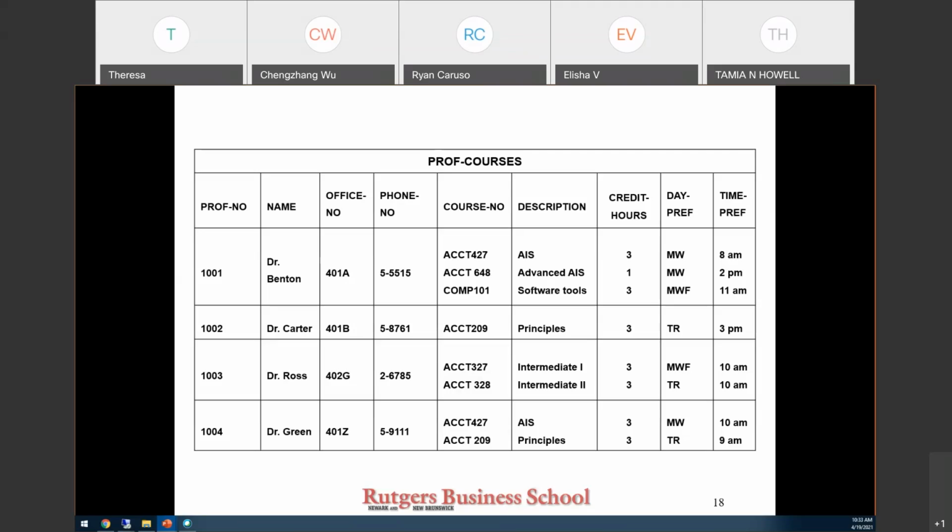Because first of all, this table is against the design principle of first normal form. So what is first normal form? This relation is an example of a non-normalized relation, since this table contains a repeating group.